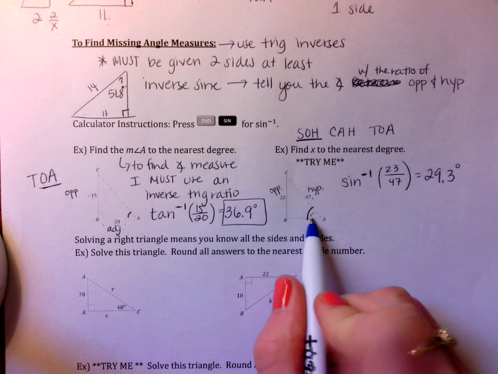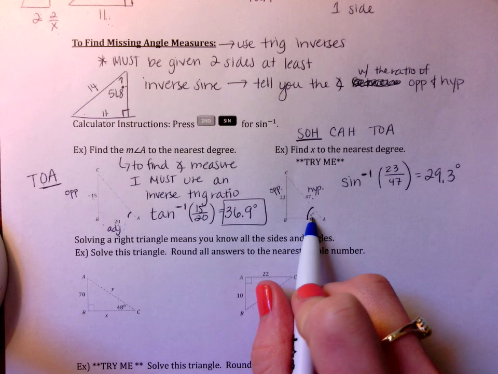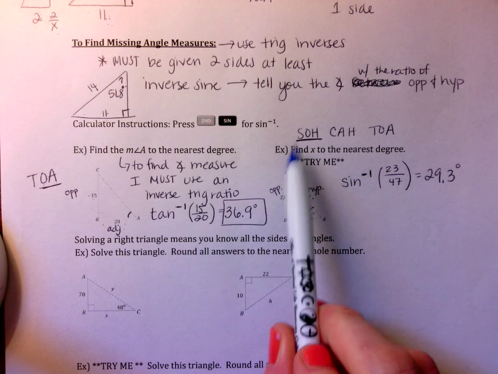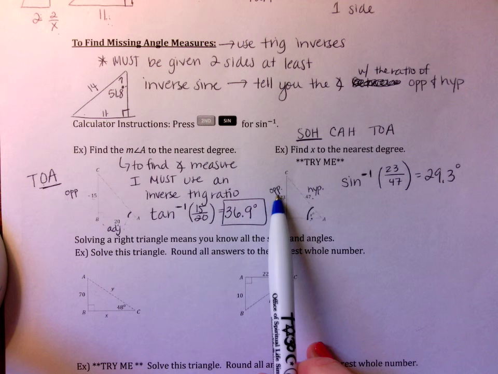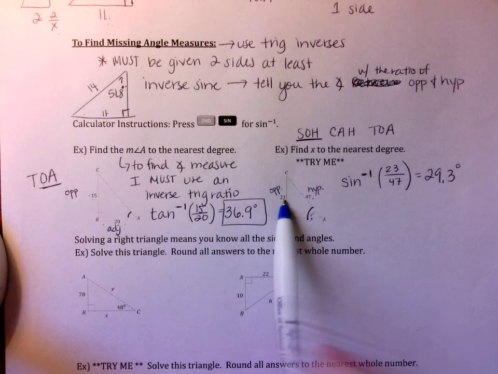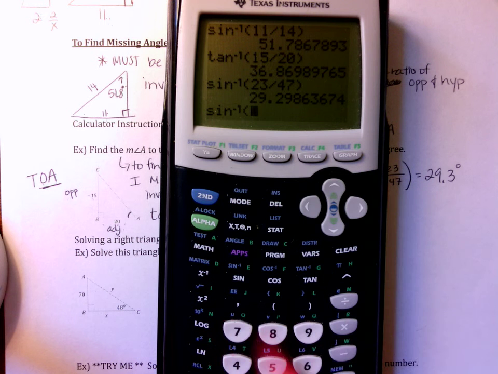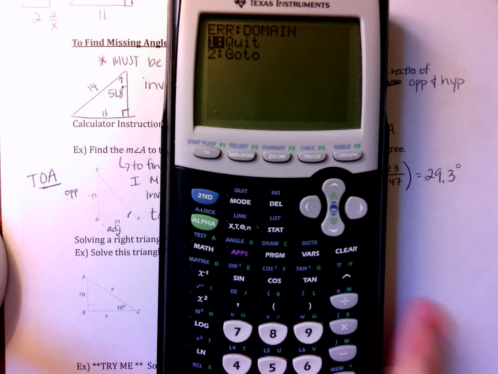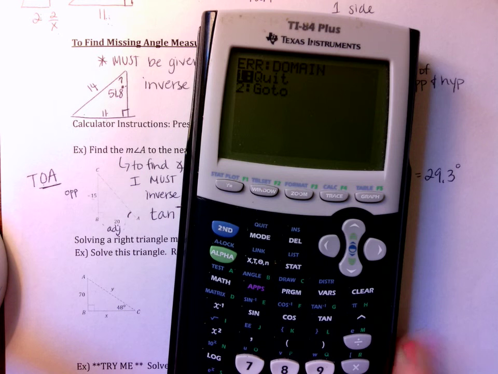Now you have to be really careful when you do any sort of trig and plugging it in. You have to make sure that you have the correct order. So if I accidentally put hypotenuse over opposite, 47 over 23, your calculator will give you probably an error message. So if you get an error message, that means you did something wrong.